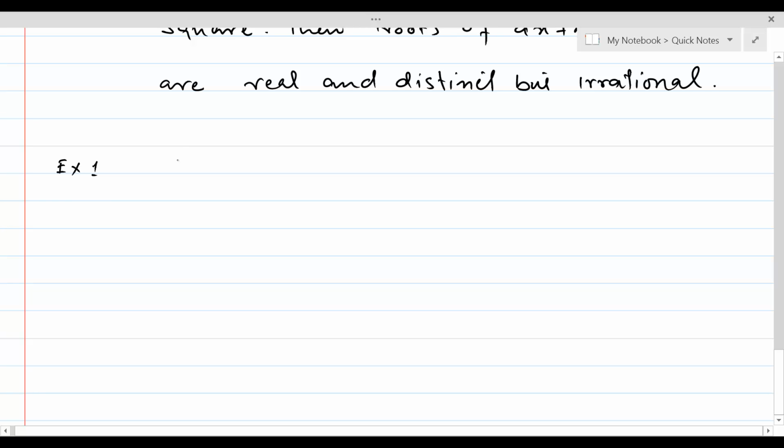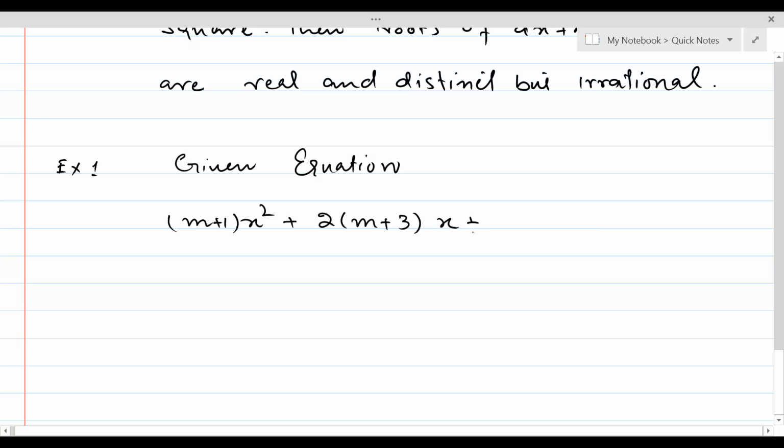The given equation is m plus 1 x square plus 2 times m plus 3 x plus 2m plus 3 equal to 0.